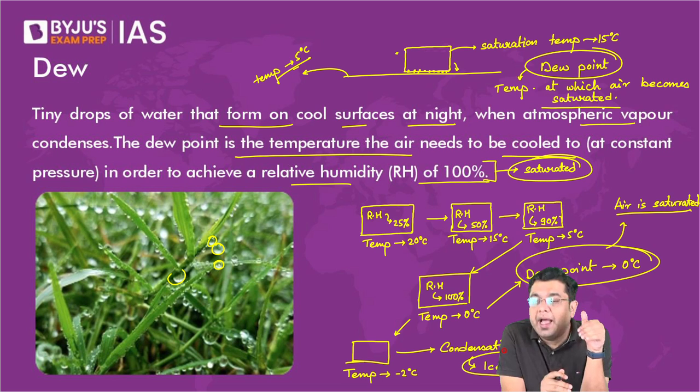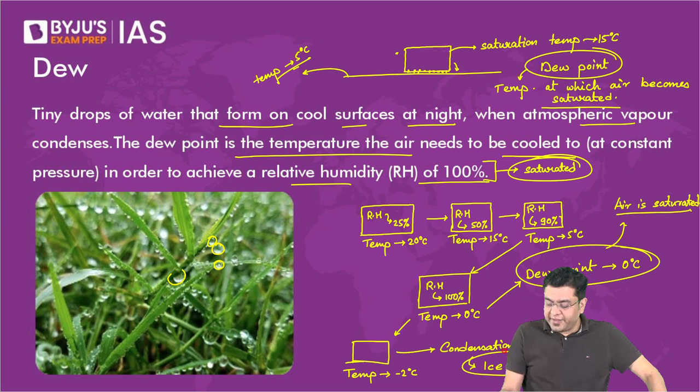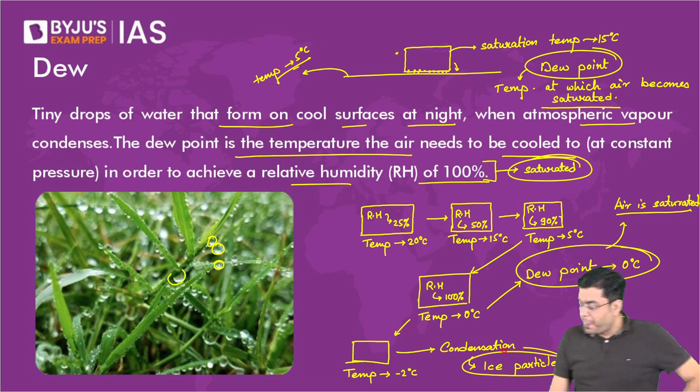So when you have the dew point temperature lower than 0 degrees Celsius or at 0 degrees Celsius, and it condenses on the surface, condensation will happen in the form of ice particles. And these ice particles which settle on the surface, that is what we refer to as frost. Okay.